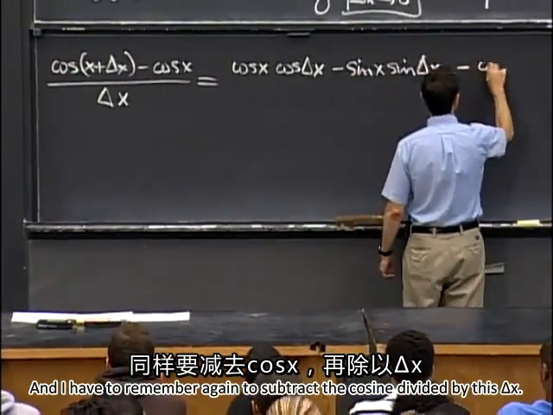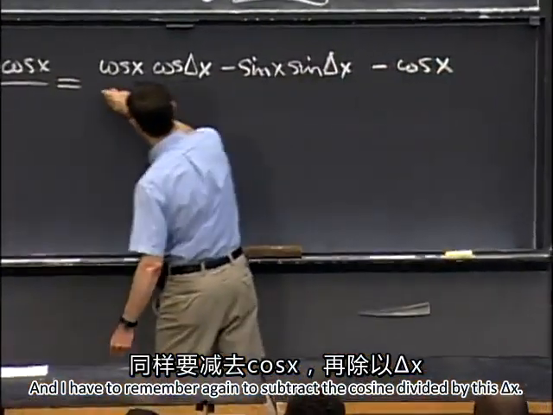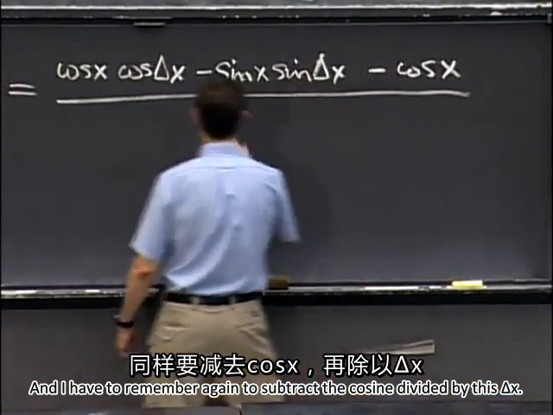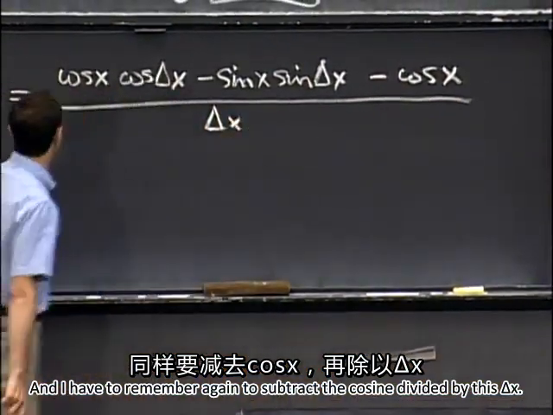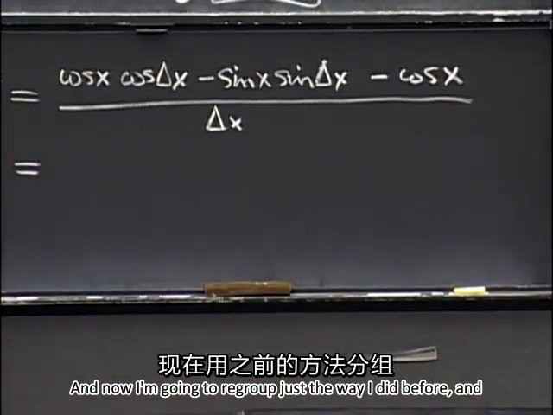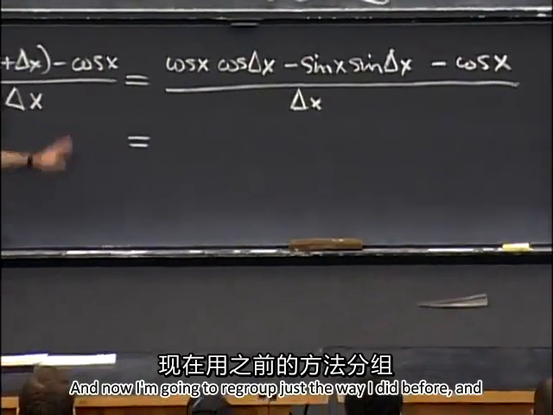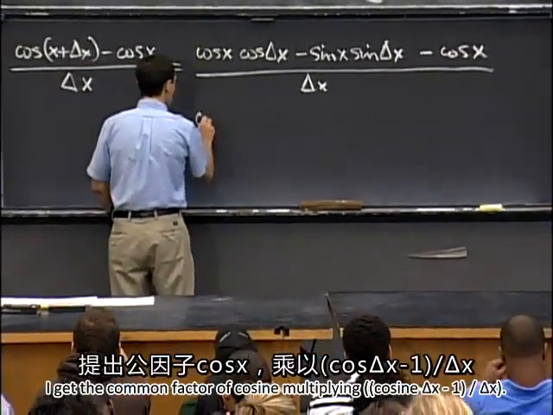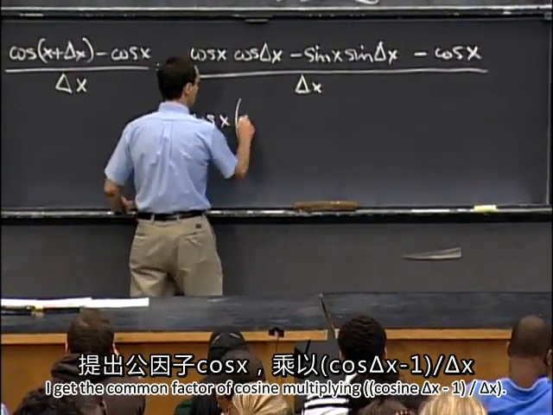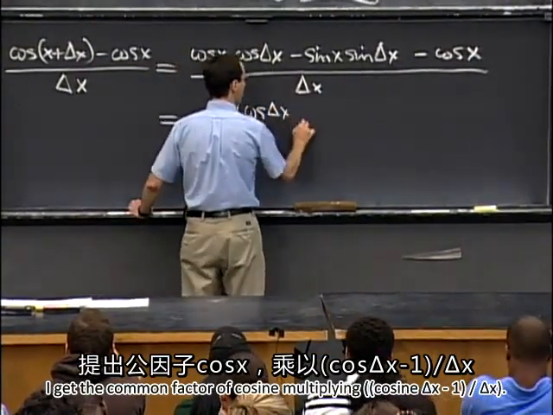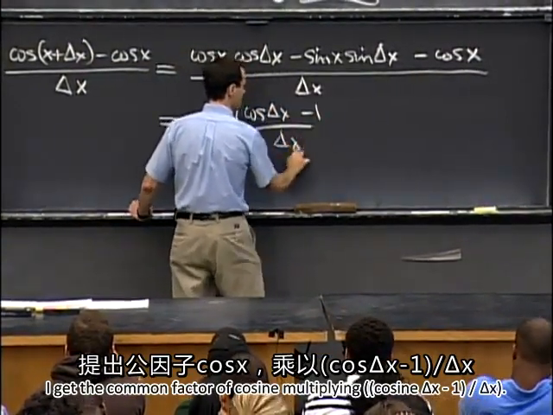And then I have to remember, again, to subtract the cosine x divided by this delta x. And now I'm going to regroup just the way I did before. And I get the common factor of cosine x multiplying cosine delta x minus 1 divided by delta x.